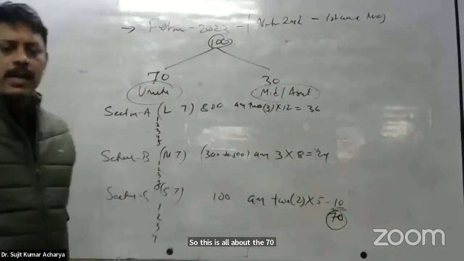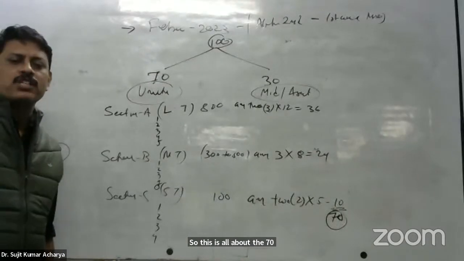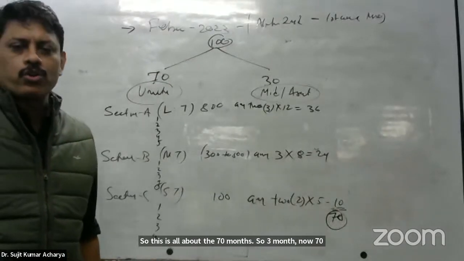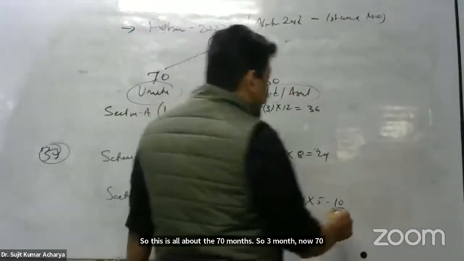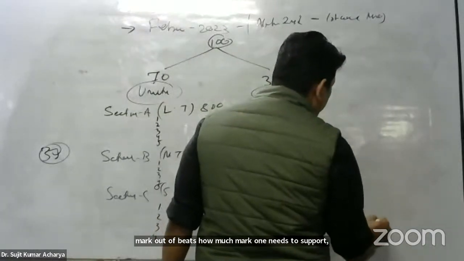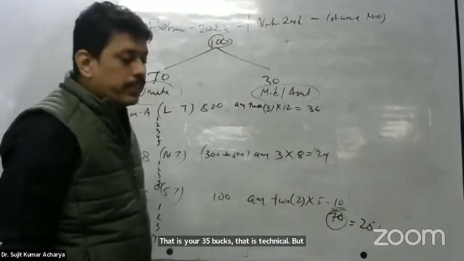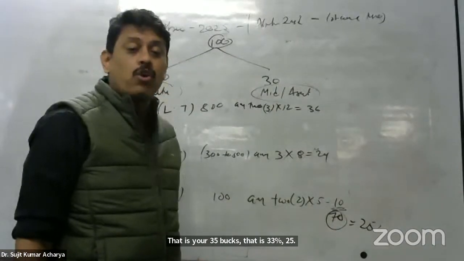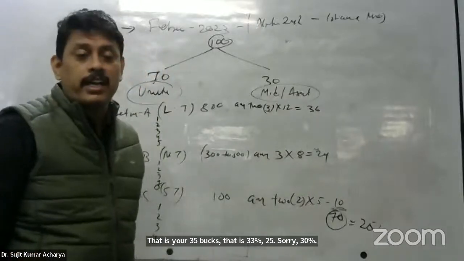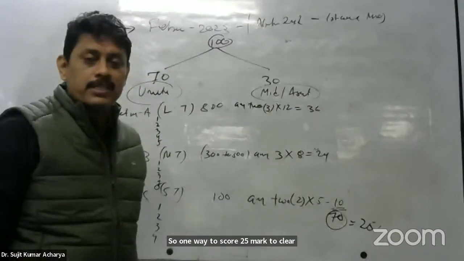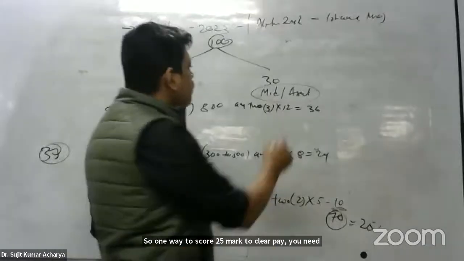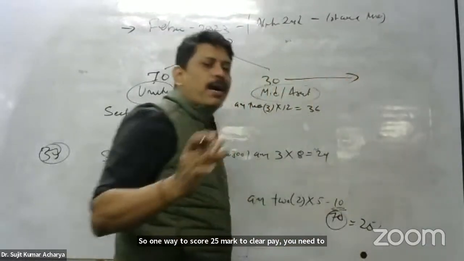Out of the 70 marks, how much does one need to score to clear the paper? That is 25 marks, that is 30%. So one needs to score 25 marks to clear the university examination.